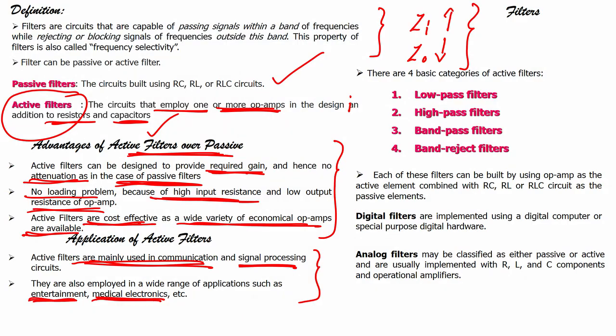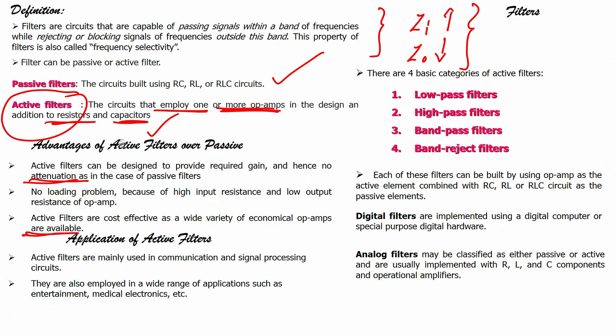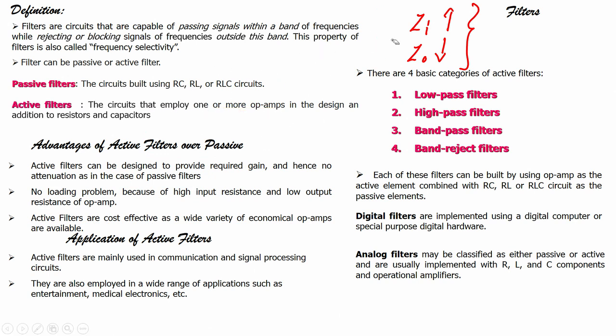Now let us see what the 4 basic categories of active filter are. First is the low pass filter, second is the high pass filter, third is the band pass filter, fourth is the band reject filter. 4 categories: low pass, high pass, band pass, band reject.